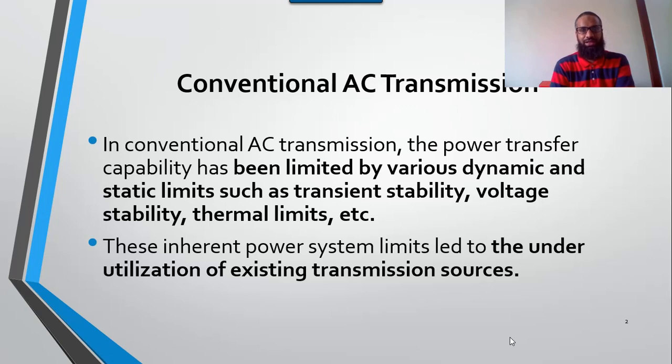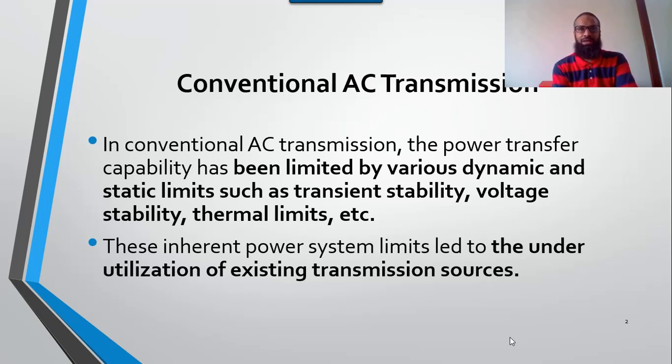Now the problem is that the active power is actually the true power which we are using for the equipment and which we are transferring, but due to the reactive power the capability of the power system is reduced.